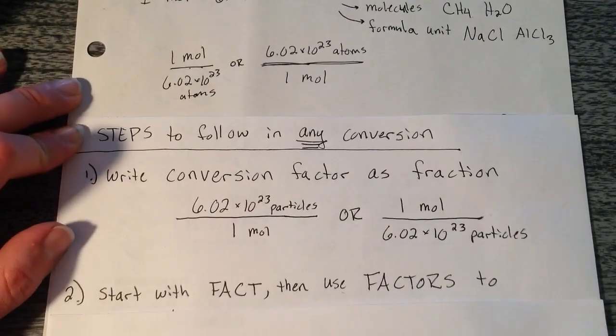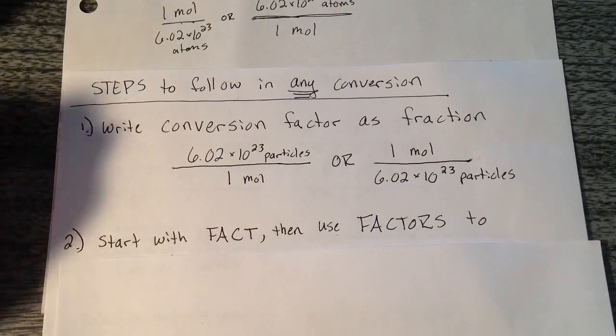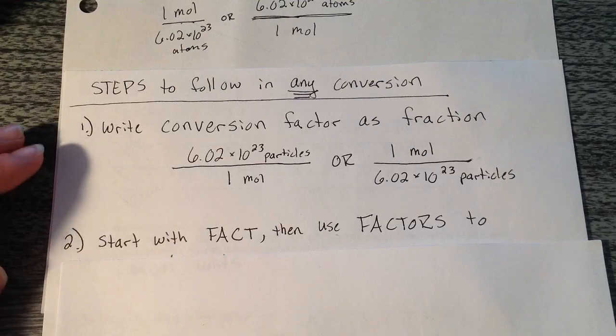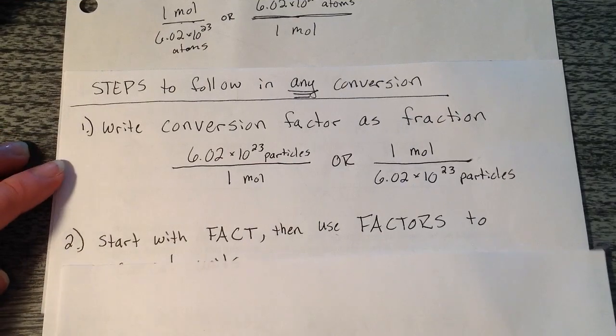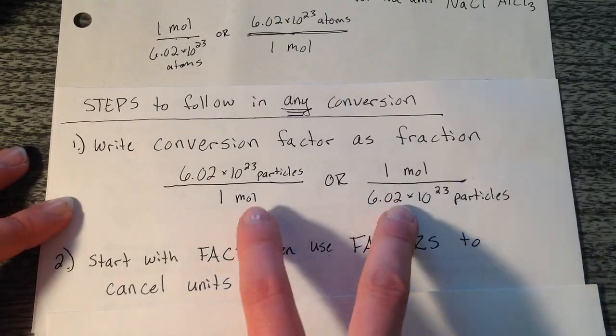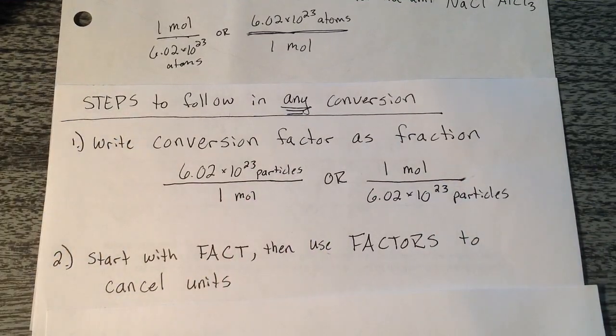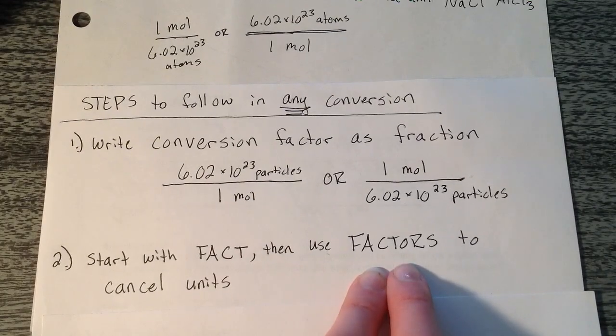The second step is that in your example, you want to start with your fact on the left side, then you write out the factors, or these fractions, these conversion factors. You use the one that would apply in order to cancel the units. So you start with your fact, cancel the units by using your conversion factors.